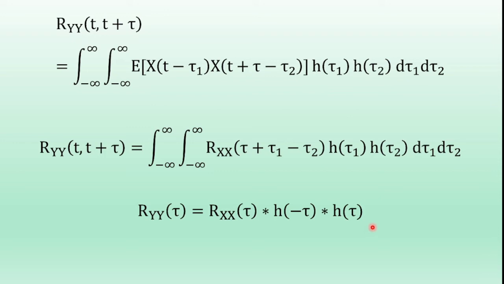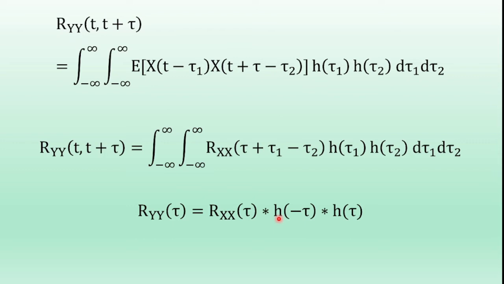Because x of t is assumed to be wide sense stationary, there are two facts from this result. The first is that y of t is wide sense stationary if x of t is wide sense stationary, because R of tau does not depend on time t and the expectation of y of t is constant. That is the first condition.